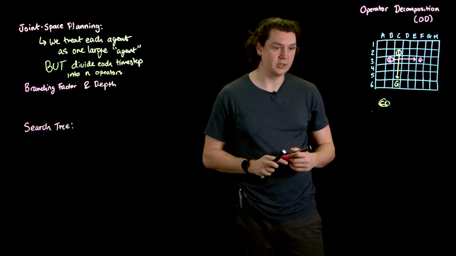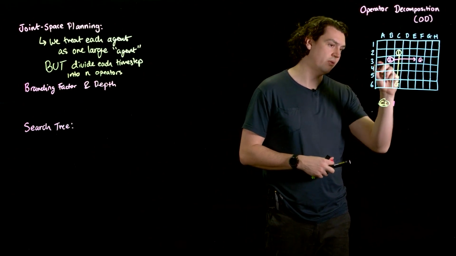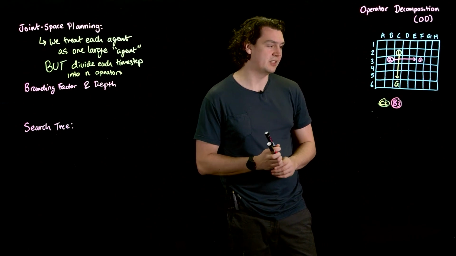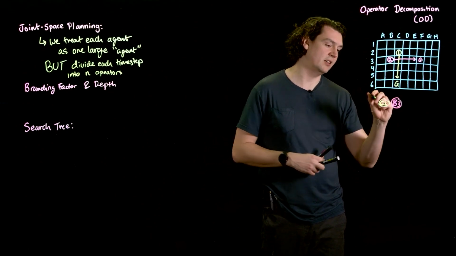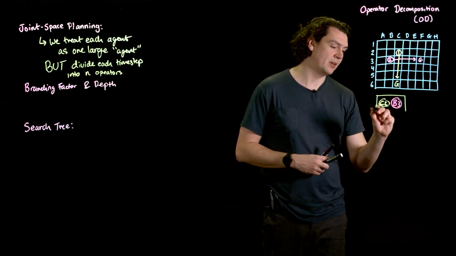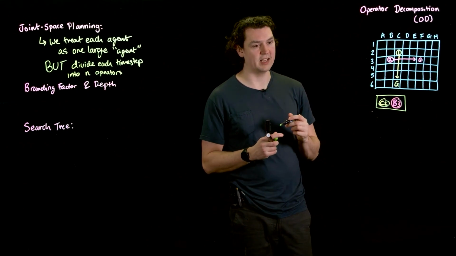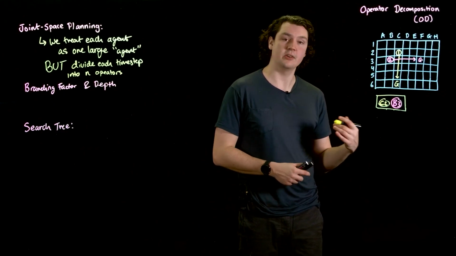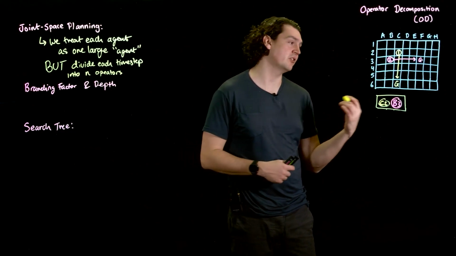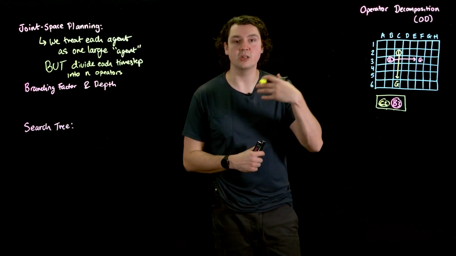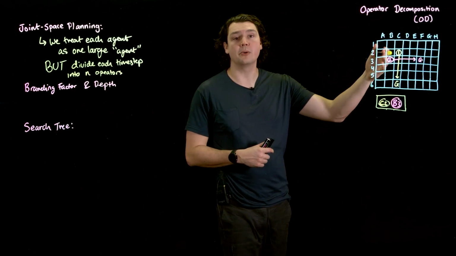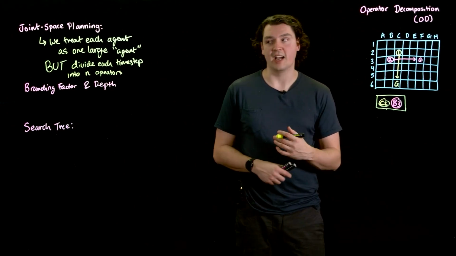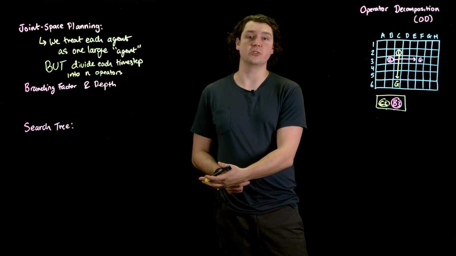So we have C2 and B3, just like we did before. This is our first initial state. Now we're going to see that things deviate quickly. We have our initial state, but the branching factor here is going to be substantially different to Centralized A star, because by decomposing it, only one agent chooses its actions first, and then in the next layer, the next agent will choose its actions.